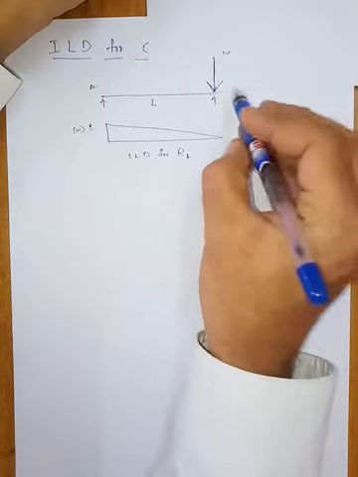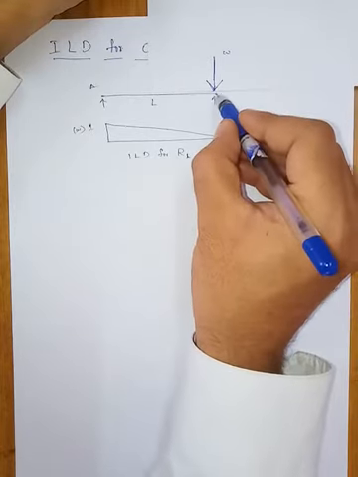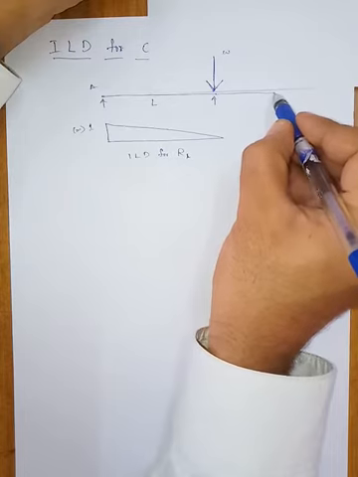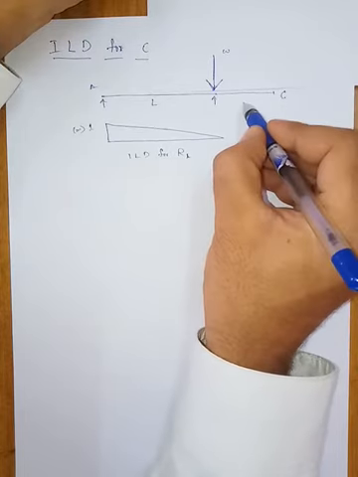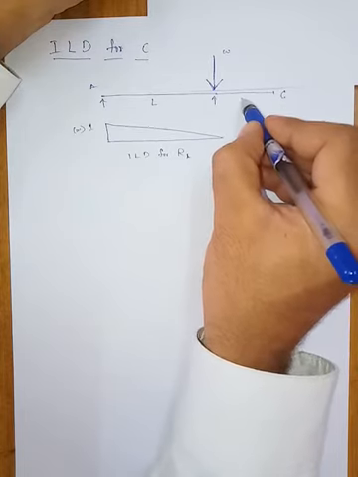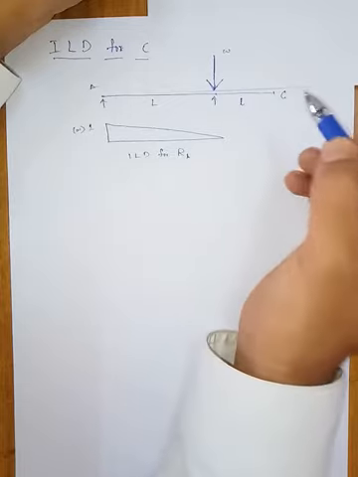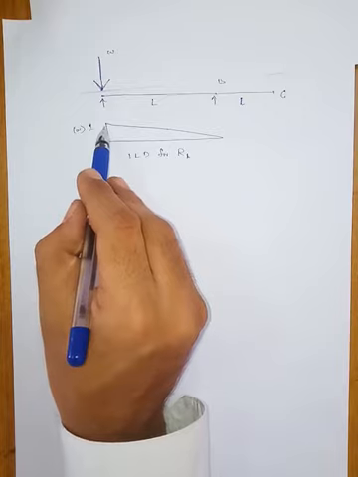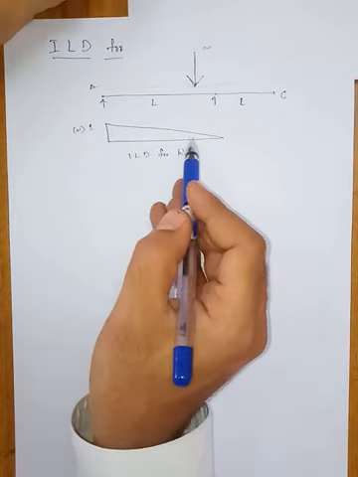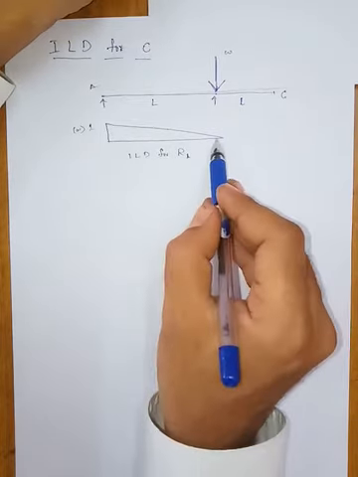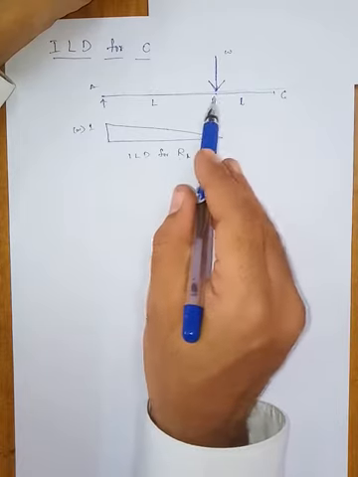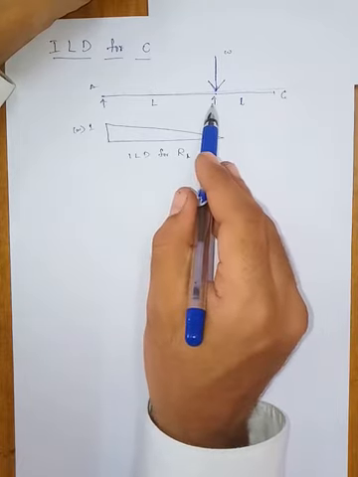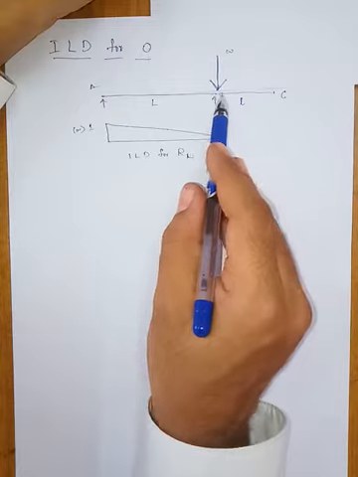Now what if we have an extended portion, say up to C, which I'll call small l. When the load is at A, it will be maximum W, and when it reaches B, it becomes 0.